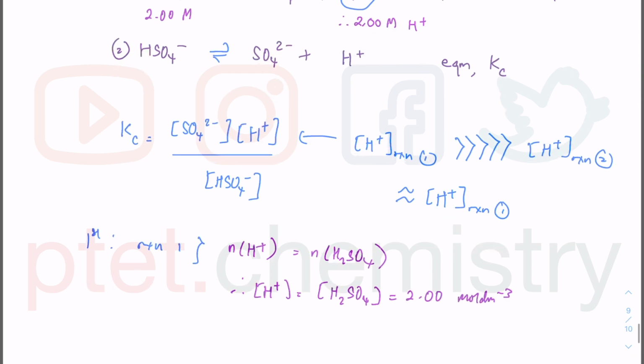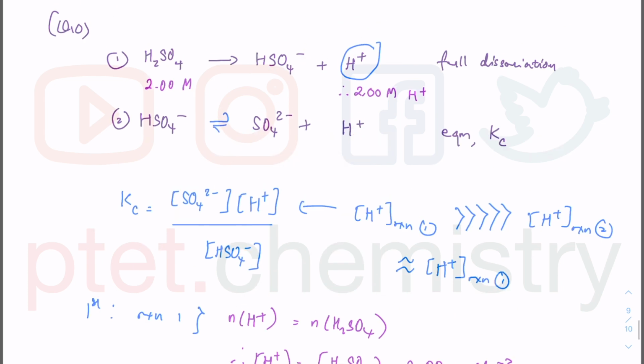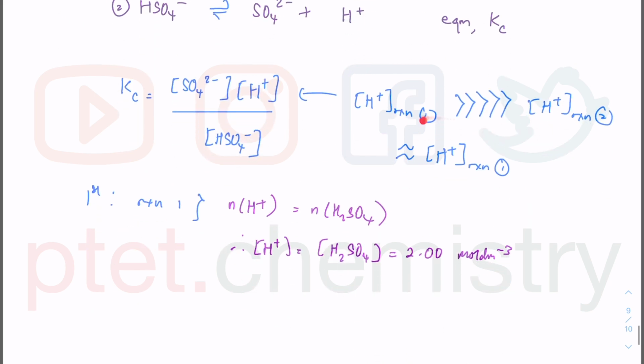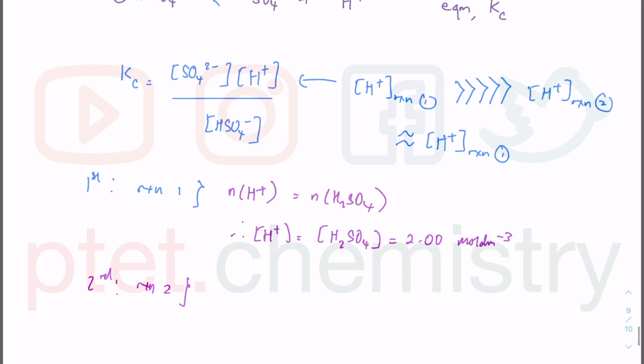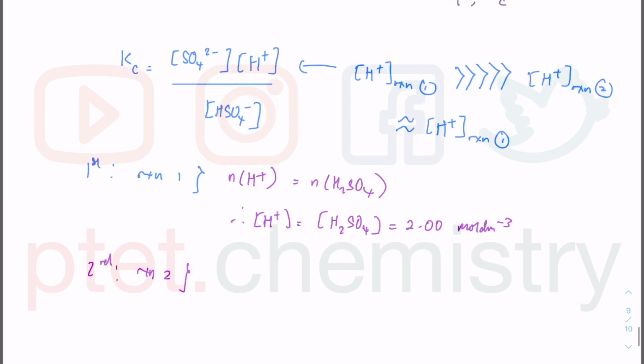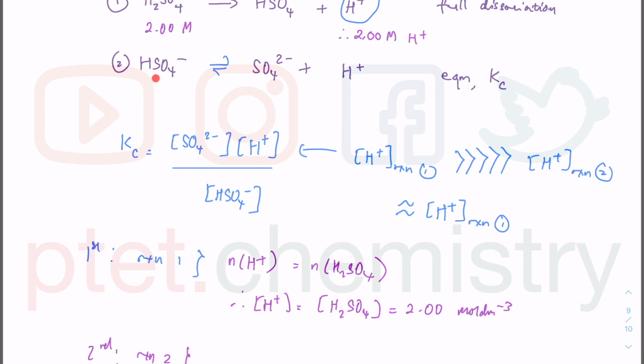Remember that this H plus is the total H plus present, not just from here, but also this concentration plus this concentration. But because of our approximation, that's going to be similar or very close to this big amount, which is much bigger than the amount from the equilibrium itself. So our second step, in reaction 2, what we have is the concentration of HSO4 minus to be 1.988 mole per dm cube.